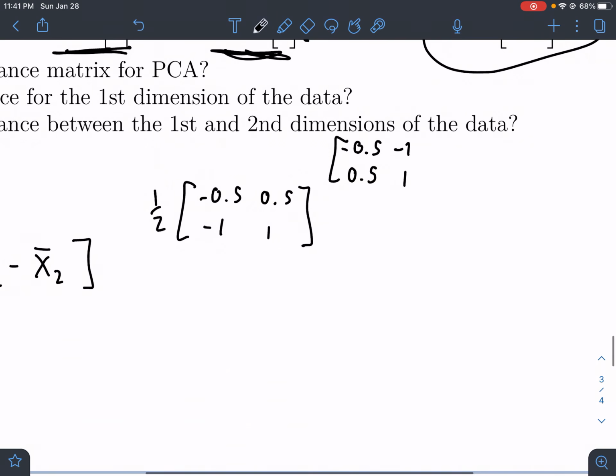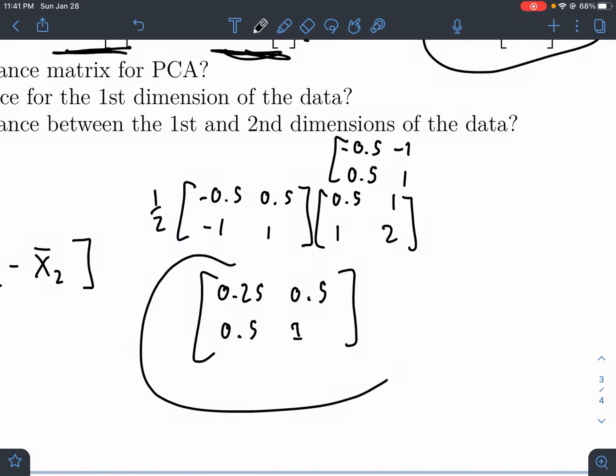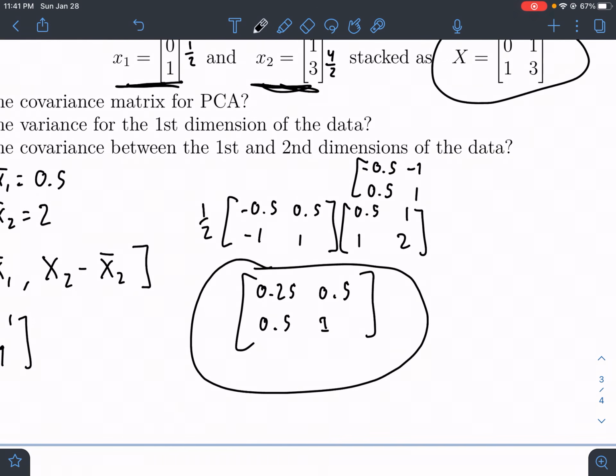And then this should give us 0.5, that is 1, 1, and this is 2. So we get 0.25, 0.5, 0.5, and 1. This is our PCA matrix. You're welcome to do it one entry at a time, but generally this is going to be much faster.